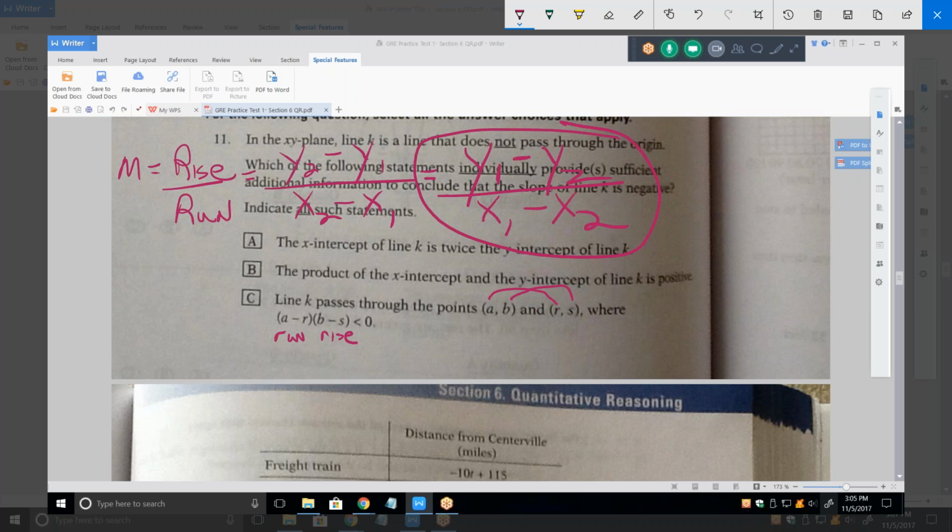They could have just said a minus r divided by b minus s has to be less than 0. And that is truly for sure. If this is a negative slope, then that has to be less than 0. But the only way that can be less than 0 is if either the numerator is positive and the denominator is negative, or vice versa.